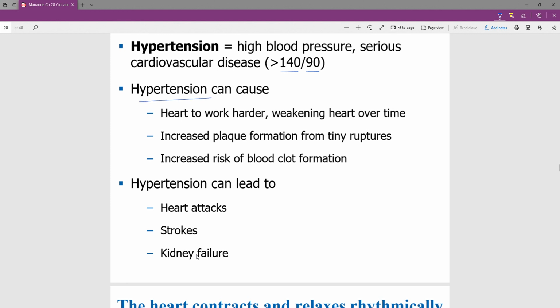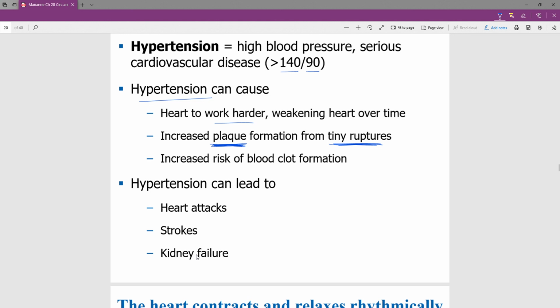Hypertension, or high blood pressure, causes the heart to work harder and can weaken the heart over time. It can cause increased plaque formation. So this is kind of like positive feedback, which is really a bad thing, in that if you have a narrowing of your arteries, it actually increases your blood pressure and causes more tiny ruptures, which causes more hardening, scar tissue or whatever to develop, and then again, higher blood pressure.